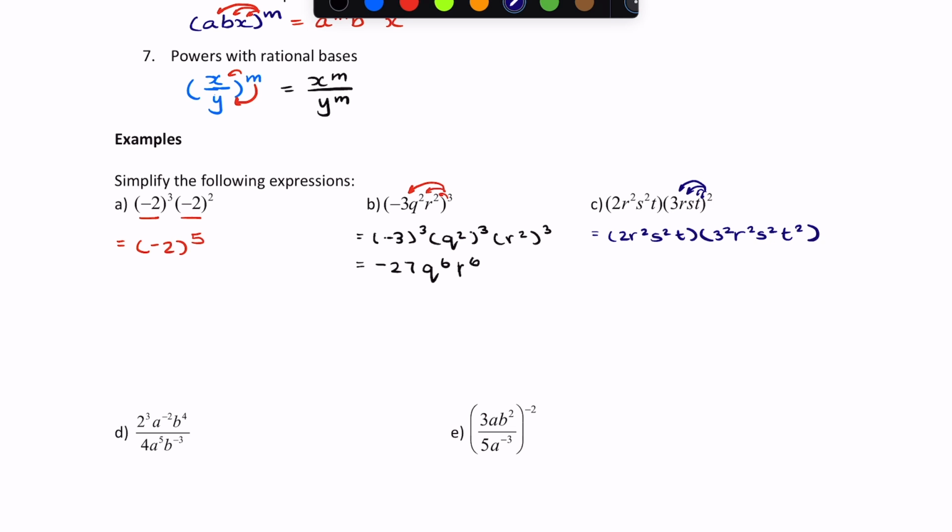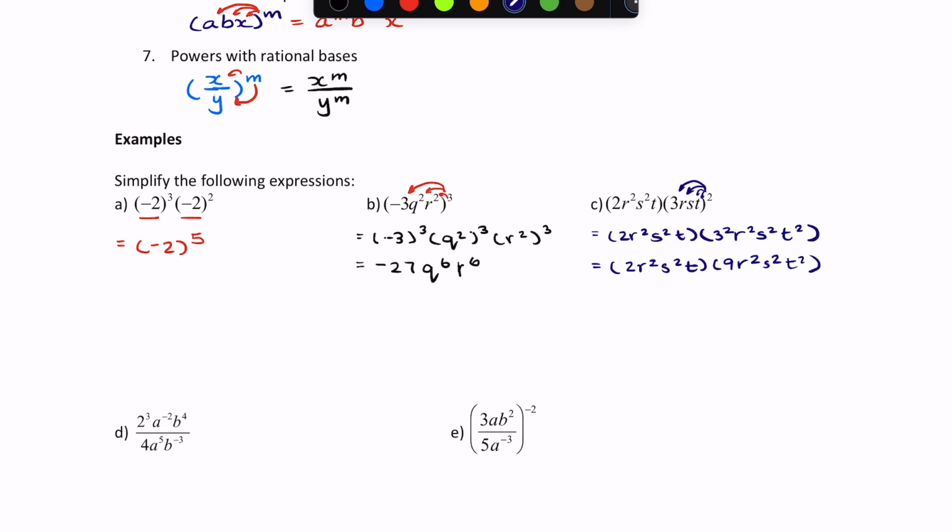Here, when we're looking at it, we can rewrite it as 2r squared s squared t times 9r squared s squared t squared.